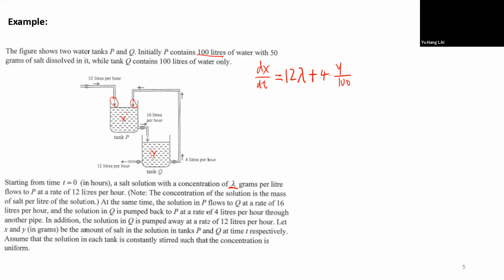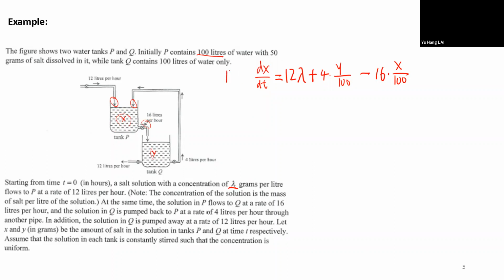Now there's one output, which makes the amount of salt decrease, so this is minus 16, 16 liters per unit time, times the concentration of salt in this tank itself. This is what happens for tank X, tank P.